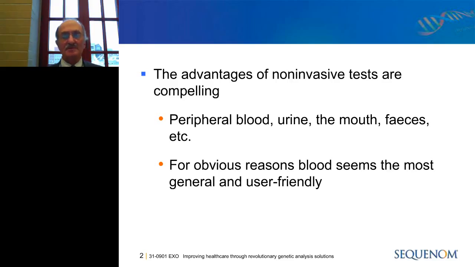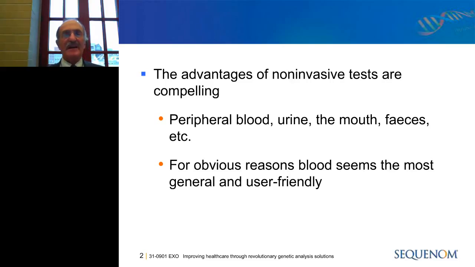So in principle, if events happen, they may release molecules that can be seen in the blood. And we have a tremendously well-developed infrastructure to obtain blood from patients, distribute it, purify samples from it, and so on.